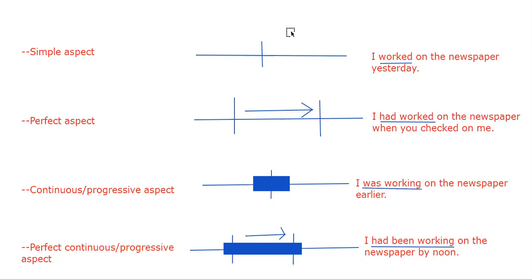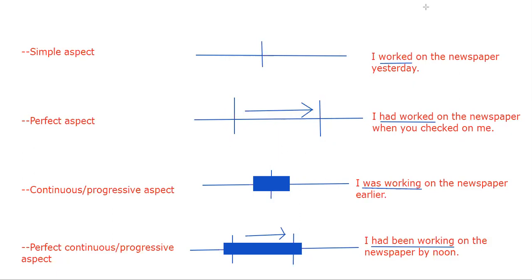At a single point in time, you worked on the newspaper. That's the past simple. Past perfect would be, I had worked on the newspaper when you checked on me. So I started working on the newspaper in the past, and that led up to a certain point in the past, when you checked on me. That was that second point in the past.